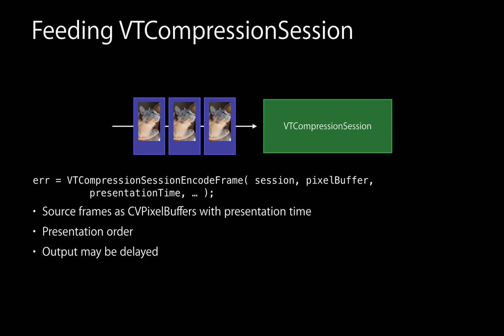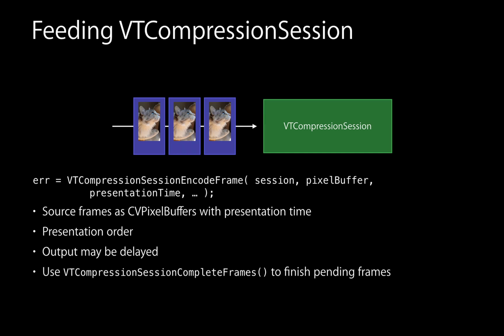And one more note about the presentation order. The presentation timestamps must be increasing. No duplicate presentation timestamps, no timestamps that go backwards. And so compression operations usually require a window of frames that they'll operate on. So your output may be delayed. So you may not receive a compressed frame in your output callback until a certain number of frames have been pushed into the encoder.